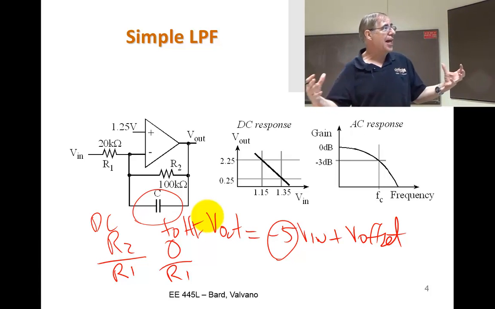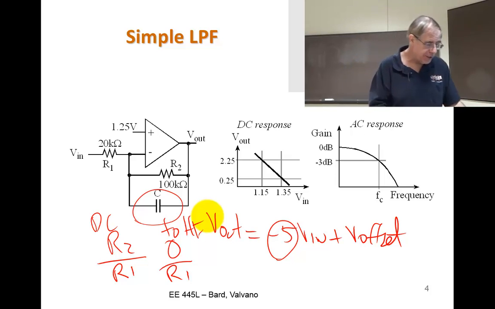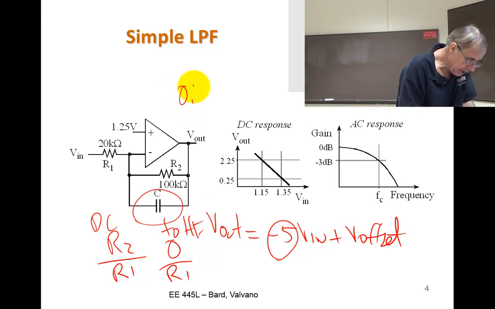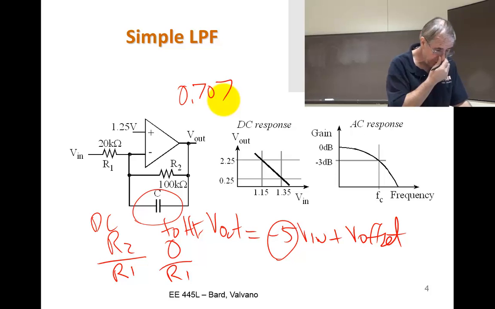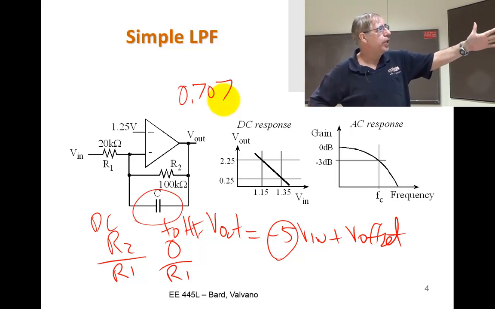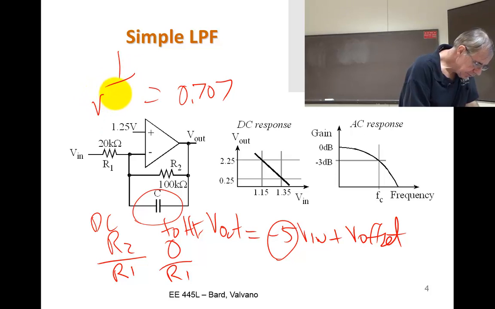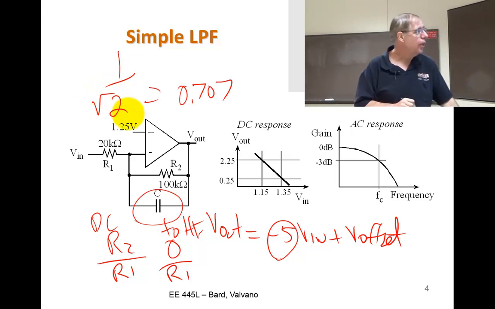Well, if I plot that in a gain versus frequency plot, in decibels, where -3 dB is 1 over the square root of 2, we see there will be a spot where it hits that.